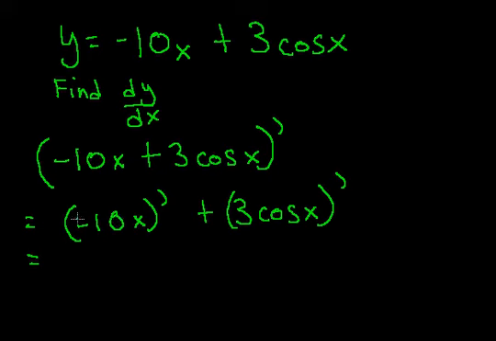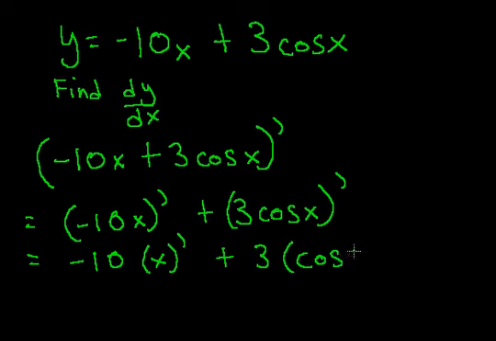And then with the constant multiple rule, we can take the constants out, so that's the same as saying negative 10 times x prime plus 3 times the cosine of x prime.